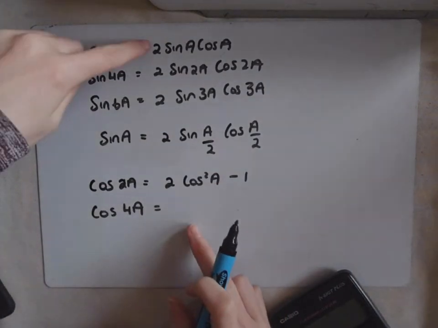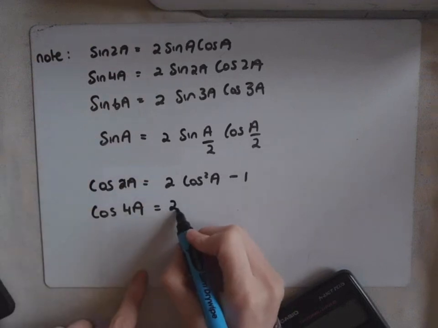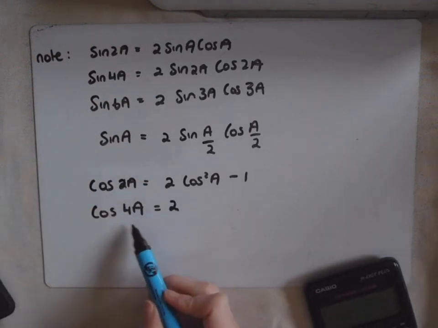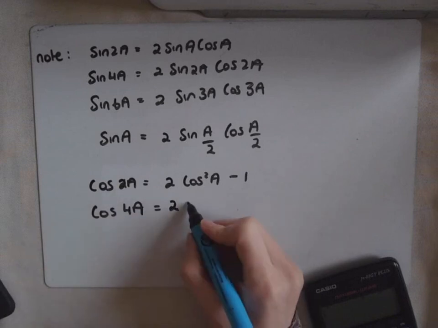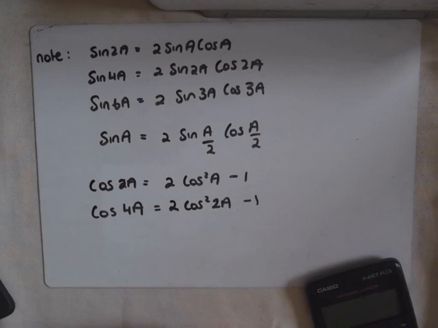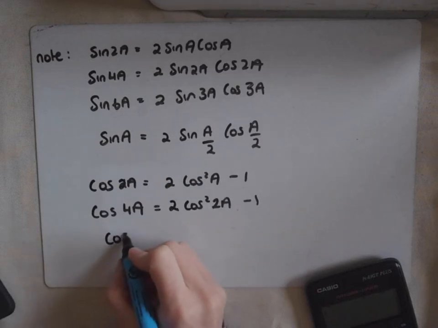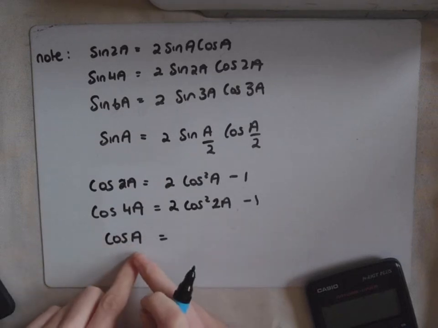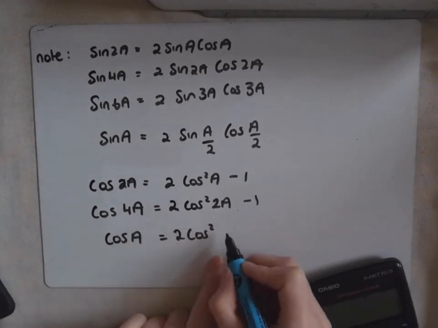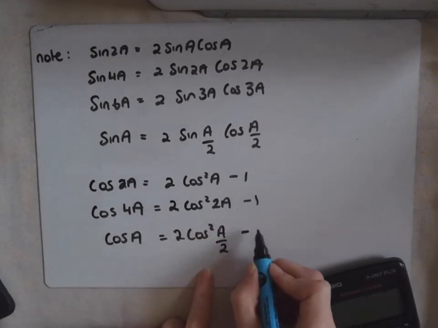So in all of these, my 2 didn't actually change, but it's the angle that changes, yeah. So this is 4a, this is the double, so this is the half. 2 cos squared 2a minus 1. Okay, and same, this is the double, so this is the half. 2 cos squared a over 2 minus 1.